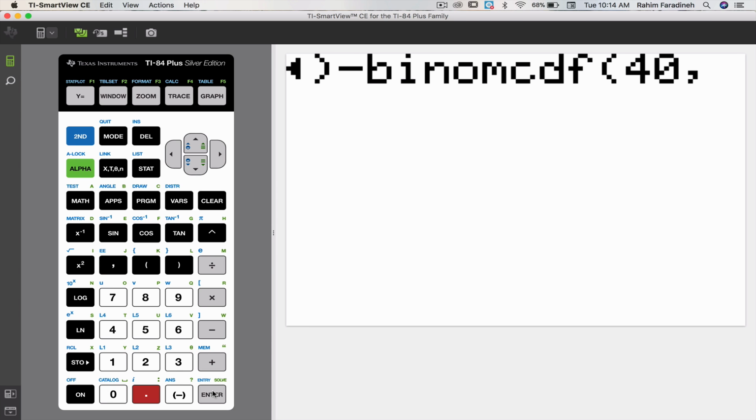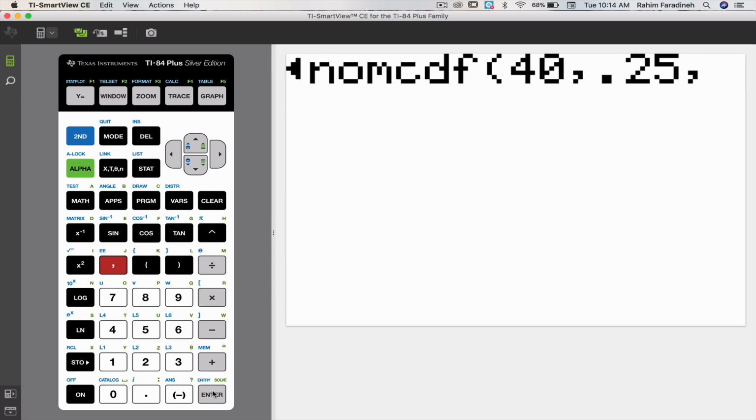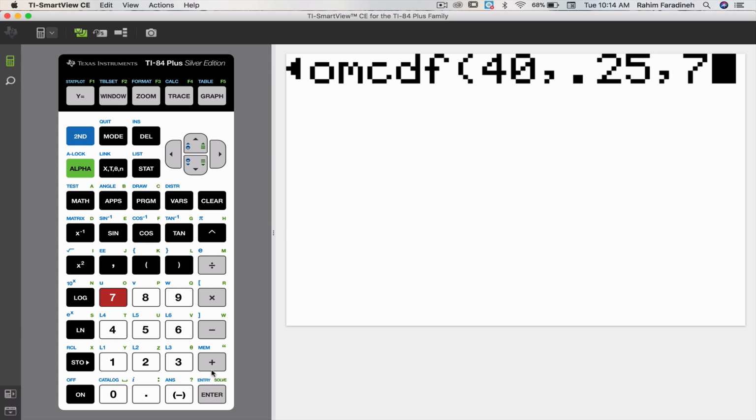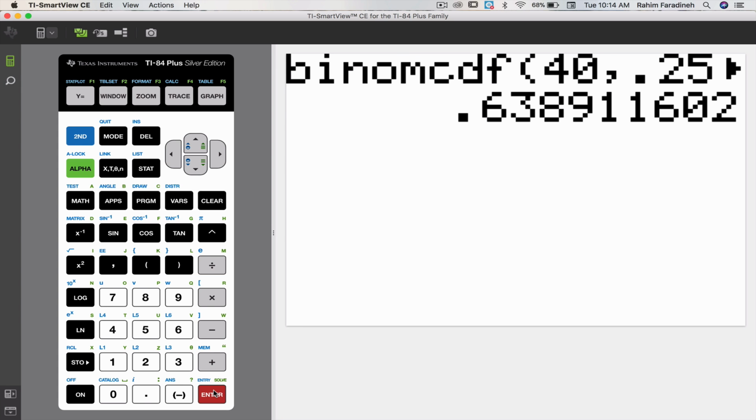My p was 0.25, comma, and my x now is 7. I close this parentheses and I hit enter to execute this. So the answer to this one is 0.6389.